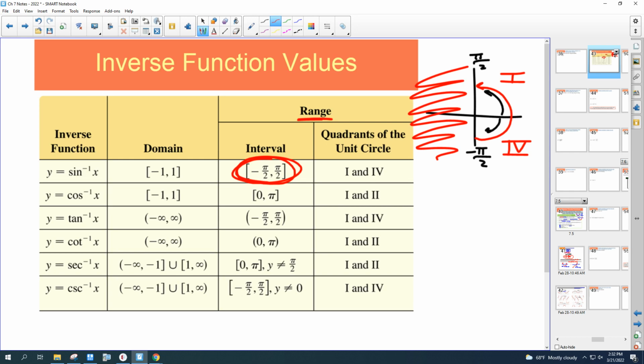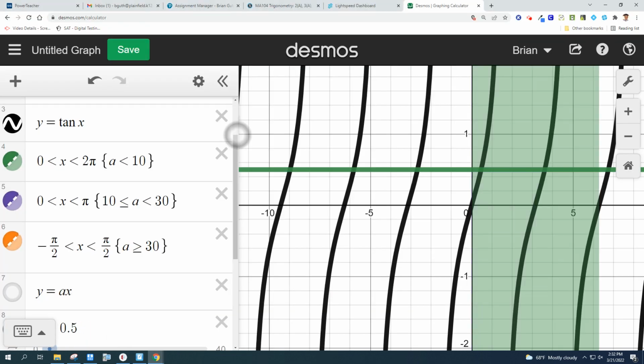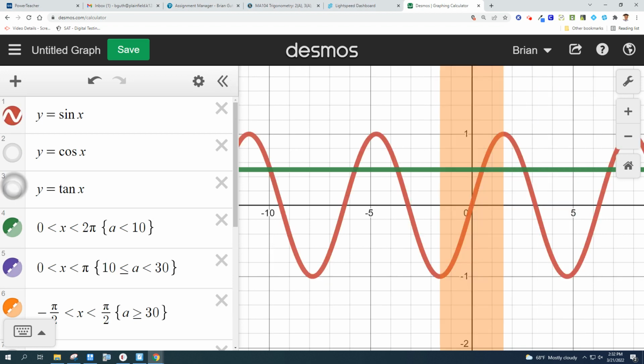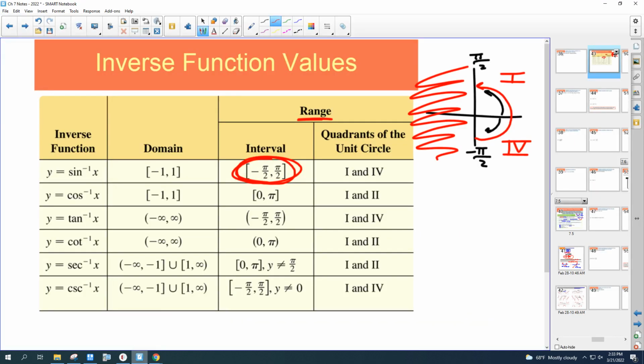There's no such thing, okay? Why? Because of this picture. I had to restrict the domain to even make it work. If I don't restrict the domain to just that orange region, it's not going to be one-to-one and it's not going to have an inverse and I'm not going to be able to talk about it, okay? So I have to restrict it in this way.